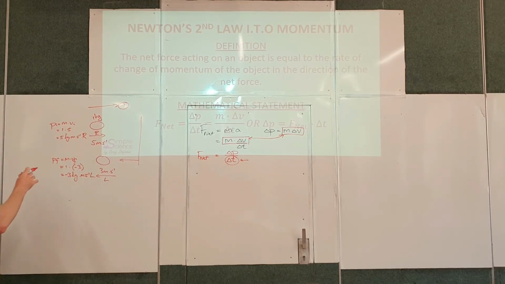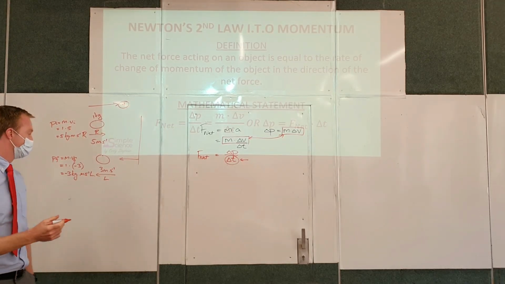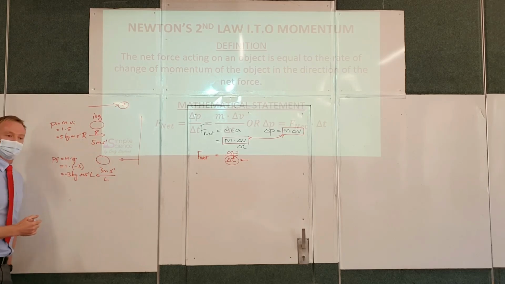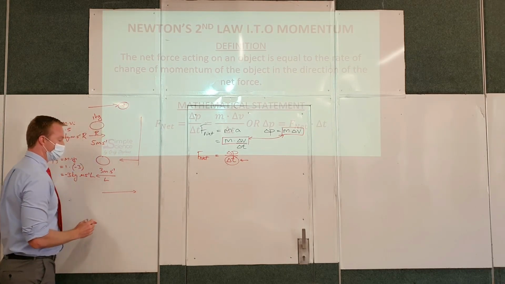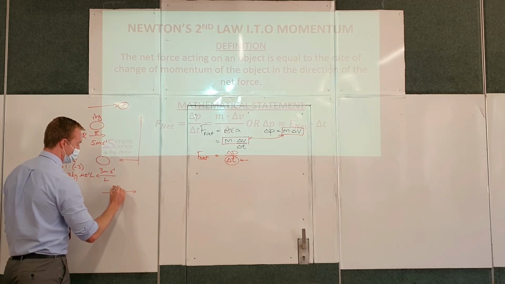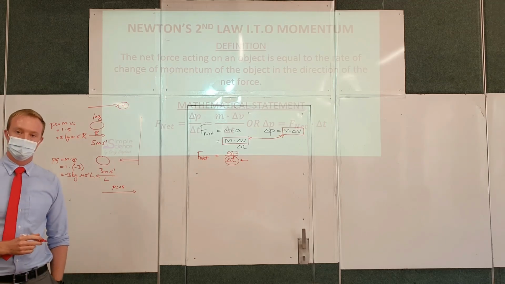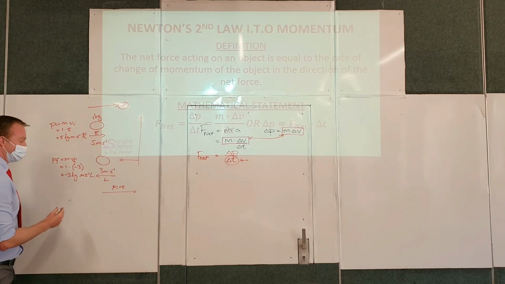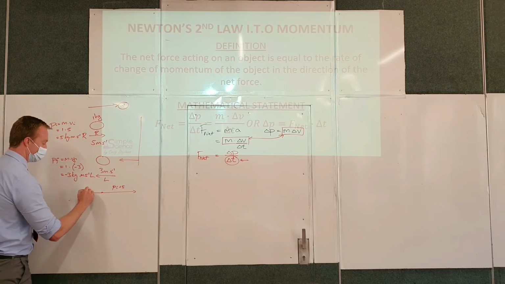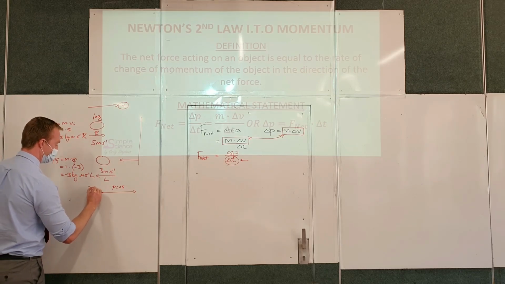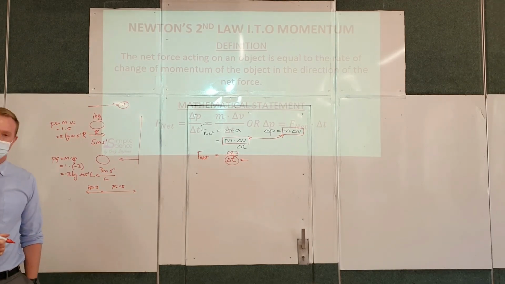Right, so what we can now do is draw what's called a vector diagram. A vector diagram literally just has an arrow representing each momentum. So my first momentum was an arrow that represented a positive momentum of 5 kilogram meters per second. My final momentum was an arrow that points in the opposite direction because this object was traveling in the opposite direction.